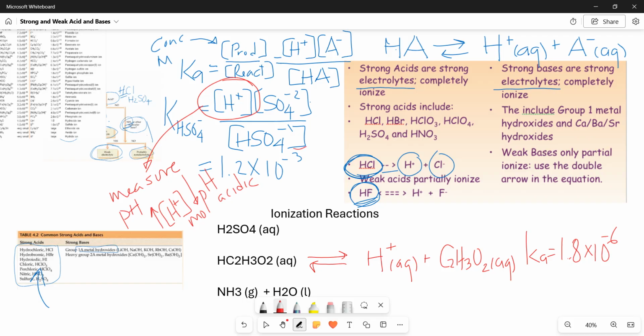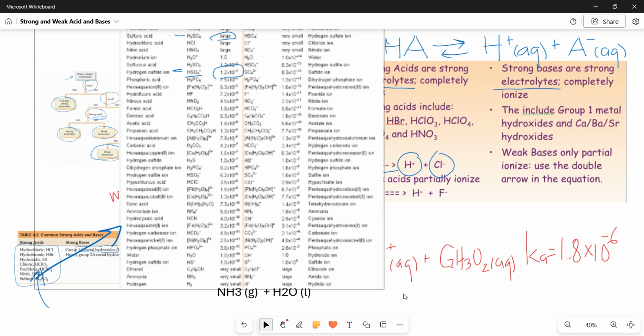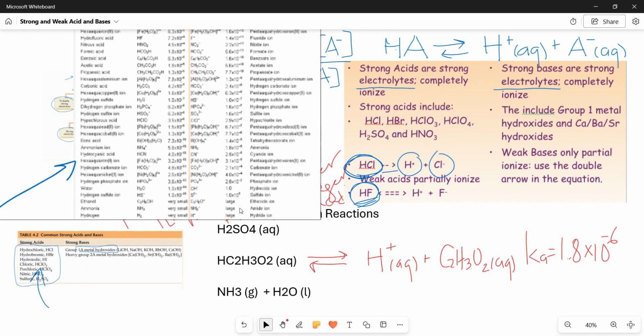Now the one before was 1.2 times 10 to the minus 3rd. This is larger, so HSO4 minus is a stronger acid than acetic acid. I can tell that because usually on these charts they list them from strongest to weakest. So you can see up here we have the large values, and then the values are getting smaller and smaller, meaning that less and less of it is actually dissociating.